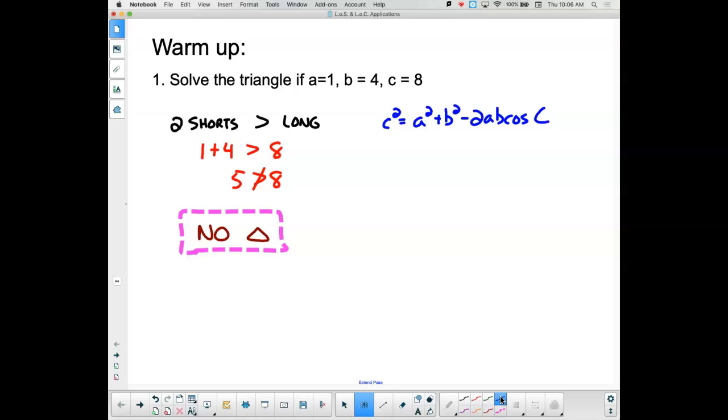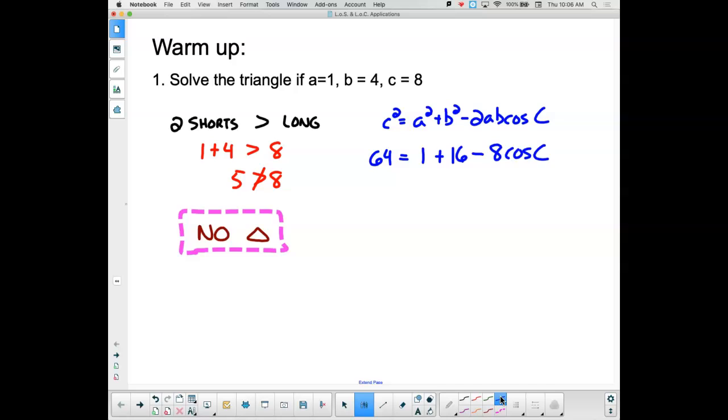Well, c squared is 8 squared, that's 64. a squared is 1 squared, that's 1. b squared is 4 squared, that's 16. Minus 2 times a times b is going to be 8 cosine of C. So far so good, no big deals going on here.